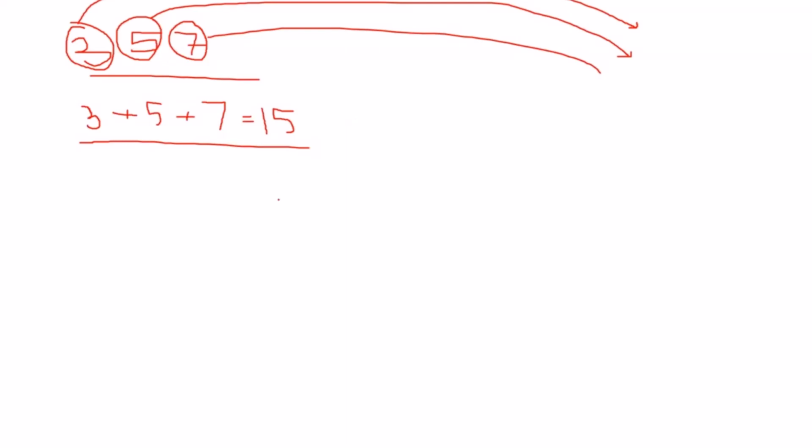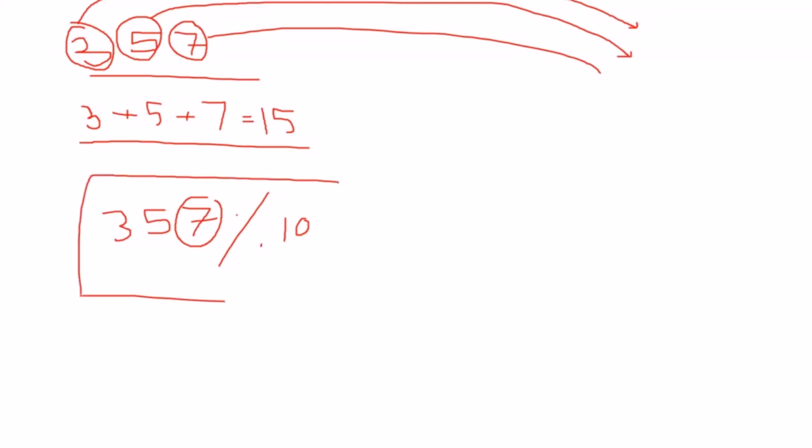Girls, I will tell you one more thing. To take the first number, you can use modulus 10. Do you all agree that 357 modulus 10 is going to be what? What is the remainder? 7. Right? Anything you do modulus 10 is going to give you the last digit.